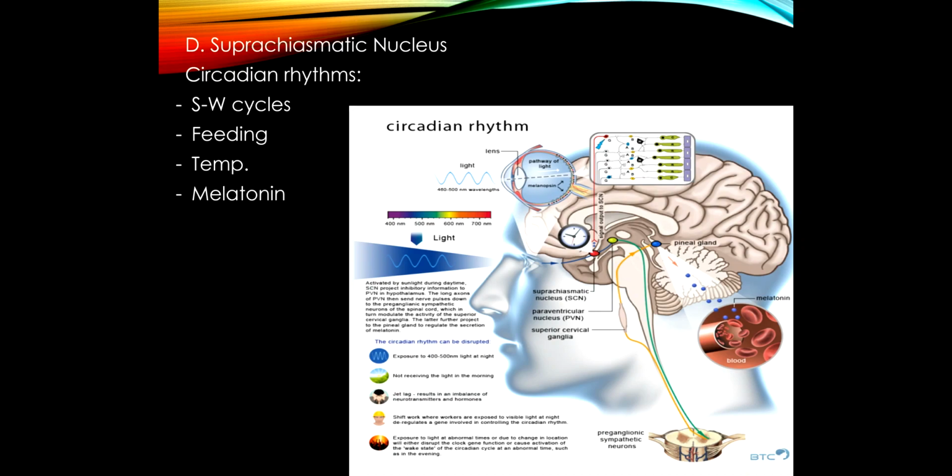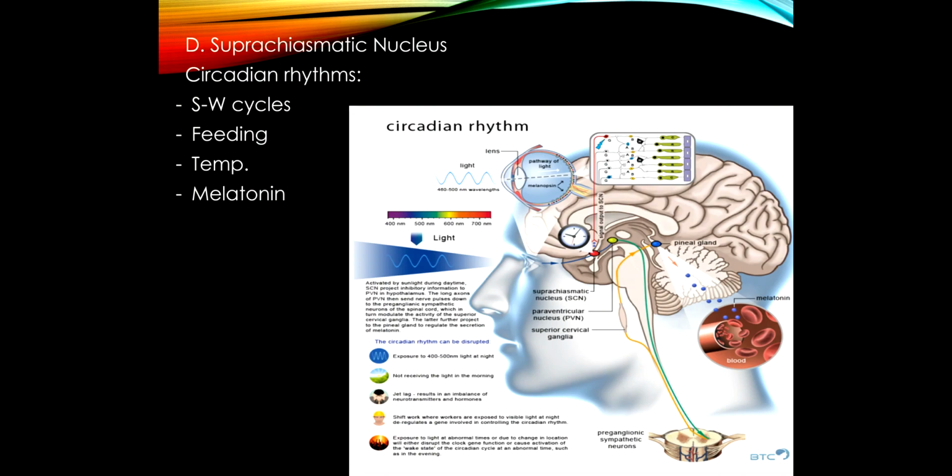So light here has a direct connection to the suprachiasmatic nucleus. There's a retino-hypothalamic pathway here, okay? And so light or dark has a different effect on the suprachiasmatic nucleus, which actually feeds into the sympathetic pathway.